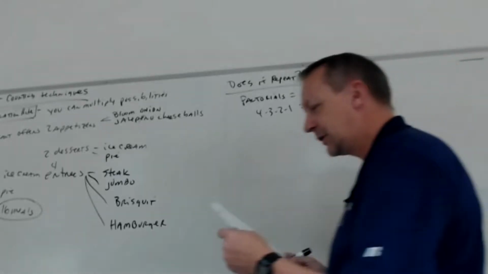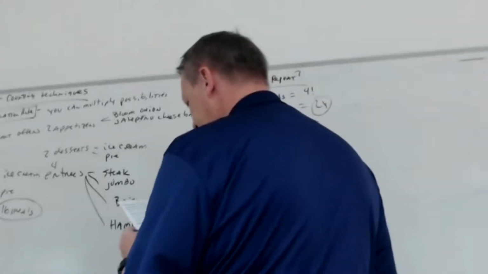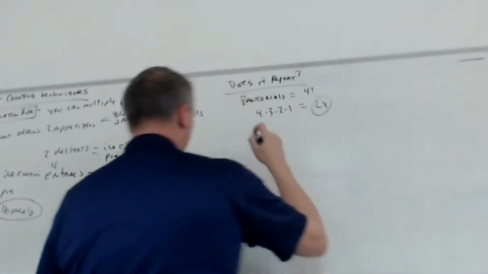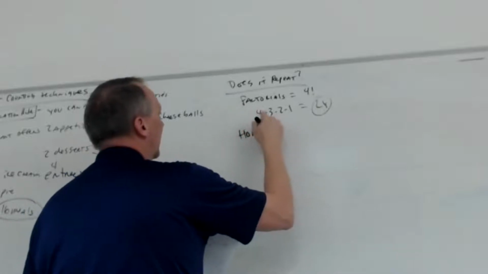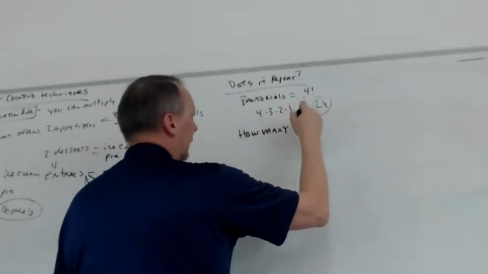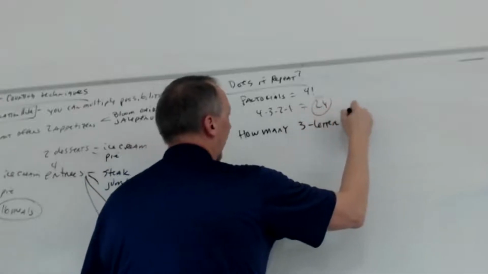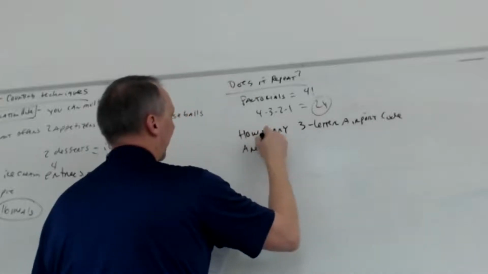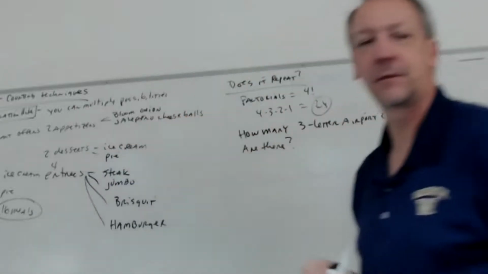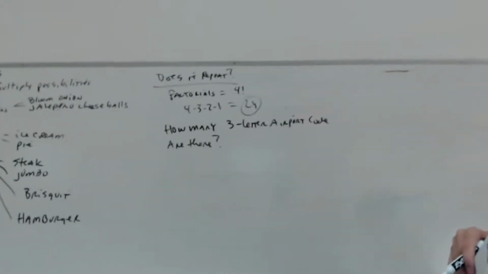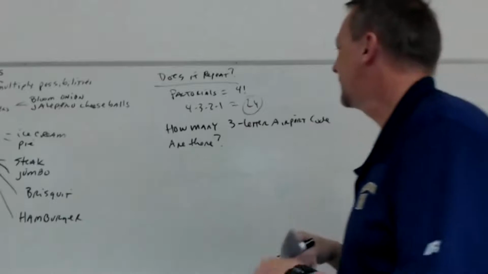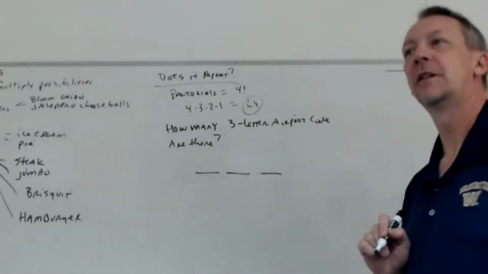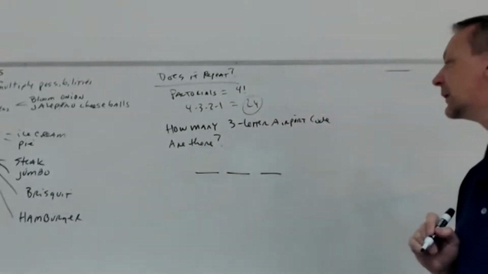All right, so let me ask you this one. How many 3-letter airport codes are there? One of the things that I like to do is put 3 dashes, or three blanks.